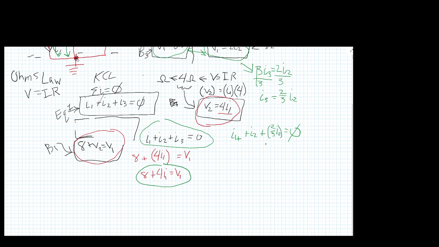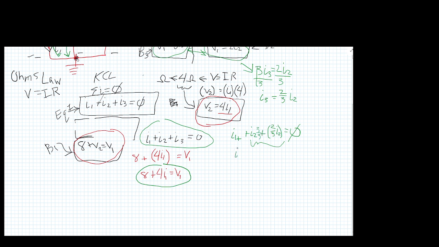Right? So we can add these two because they're both I sub 2. That is occurring through the second branch. So we would need a 3/3 here, which is a 1. We're just getting a common denominator.